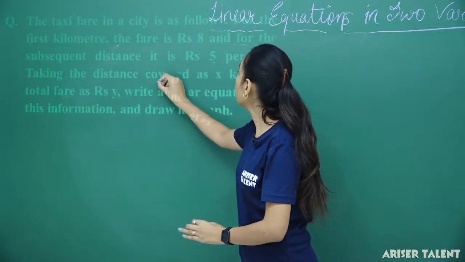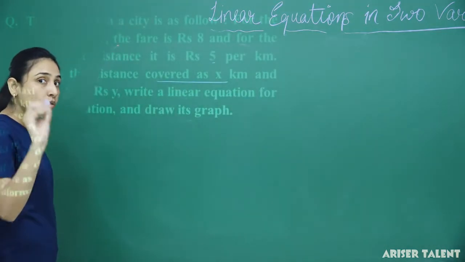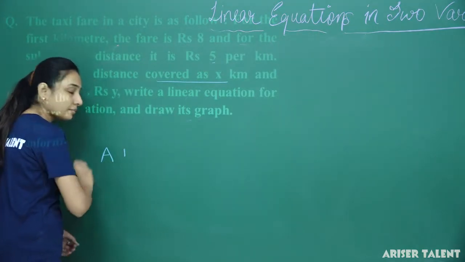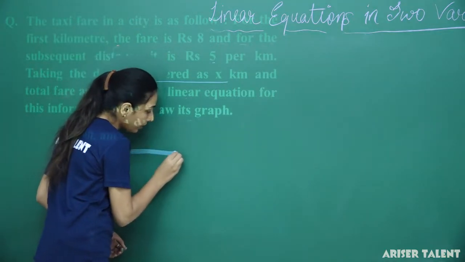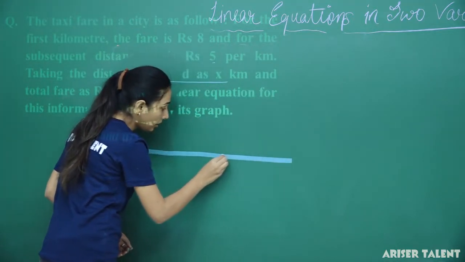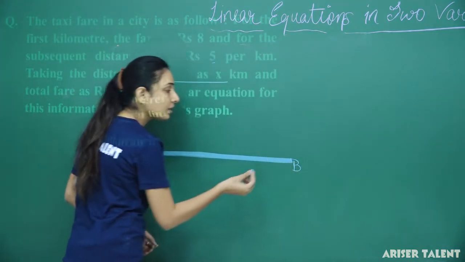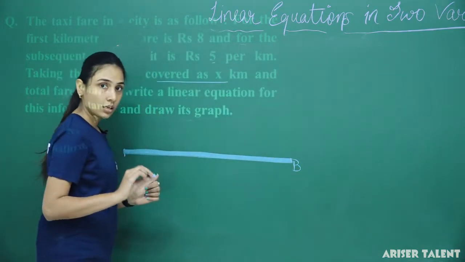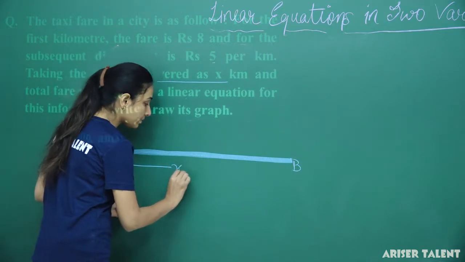Suppose you are Mohit, and Mohit started from this point A and travelled in an auto or taxi till this point B. This distance was x kilometers.